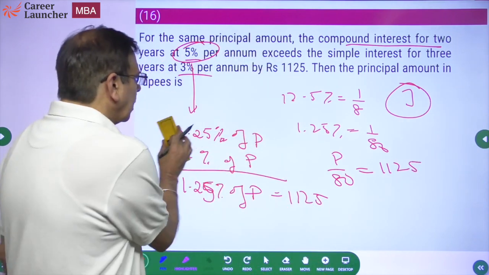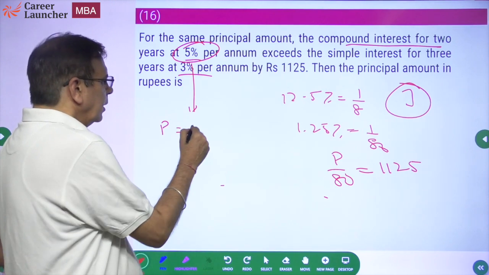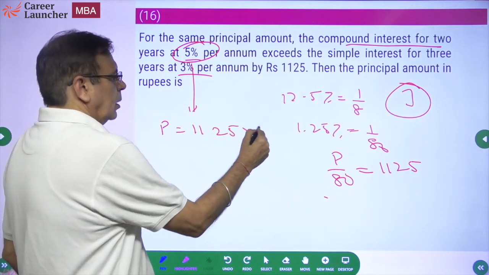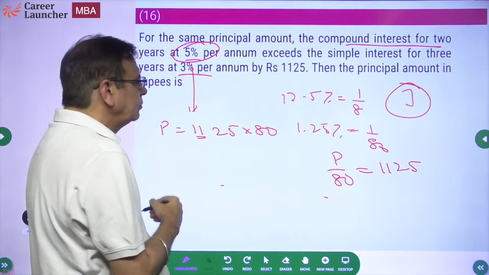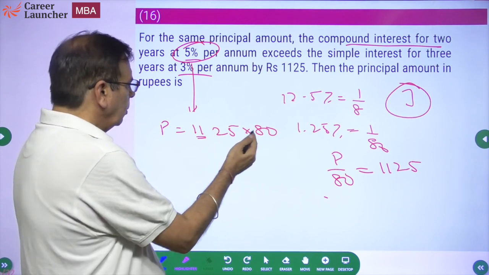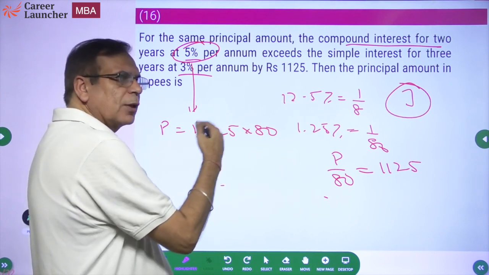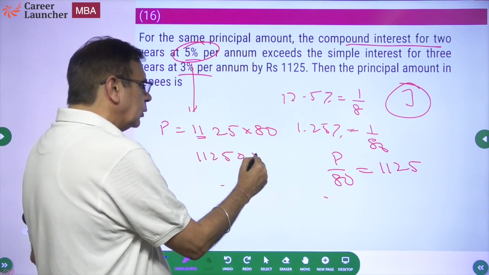Okay. And now let's come to the calculation aspect. Principal will be, okay. What can I say? This is 1100 into 80, 8800. Okay. So it is 1100 into 80 plus 25 into 80, or you could say 11250 into 8.